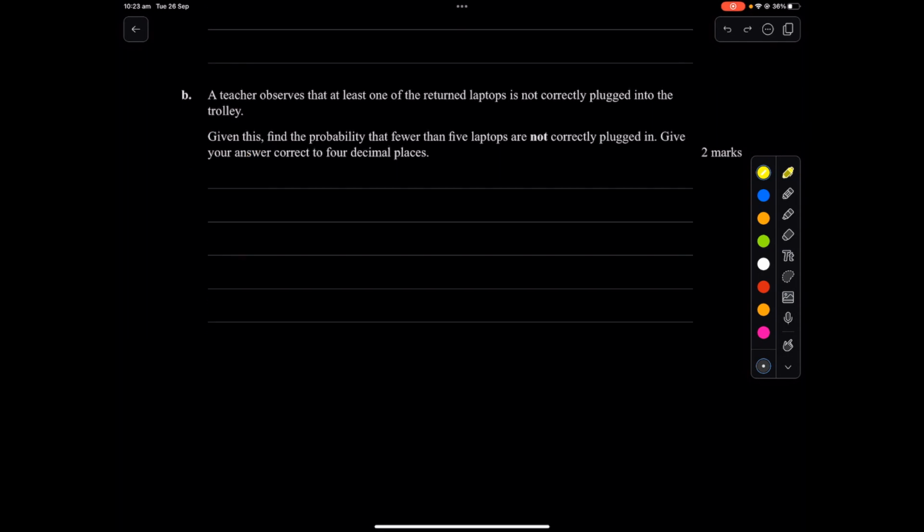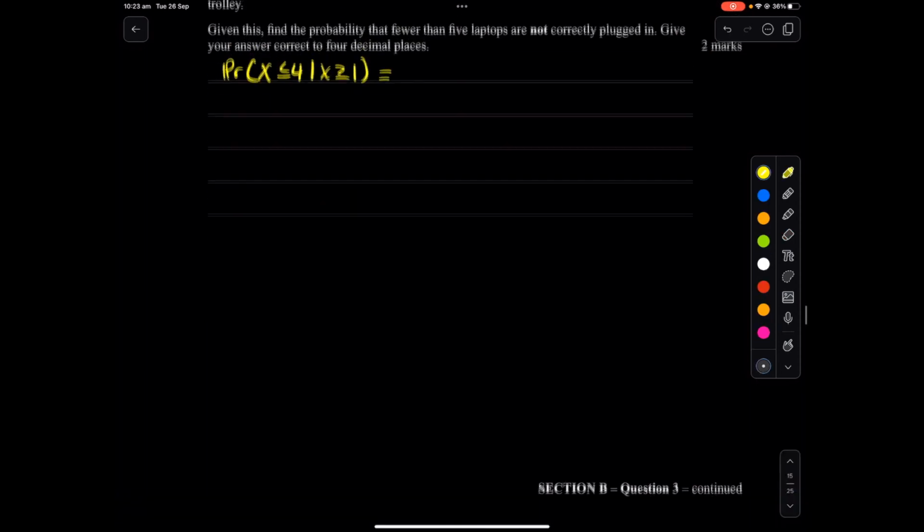Find the probability that fewer than 5 laptops are not correctly plugged in. So we want the probability that X is less than 5, given a teacher observes that at least one of the returned laptops is not correctly plugged in, so X is greater than or equal to 1. Because it's binomial, I can rewrite this as X is less than or equal to 4.